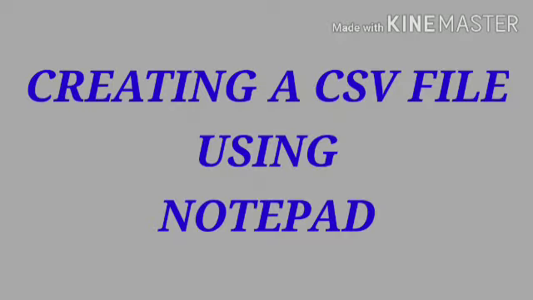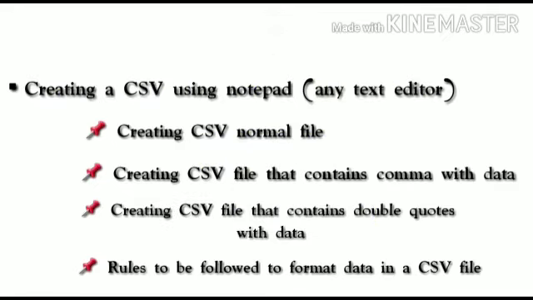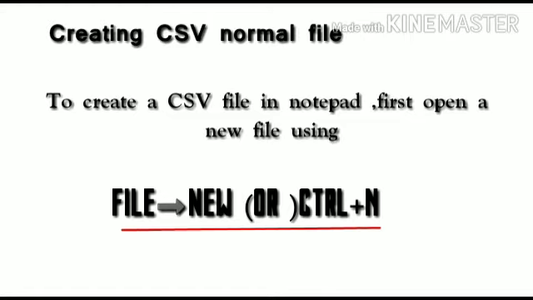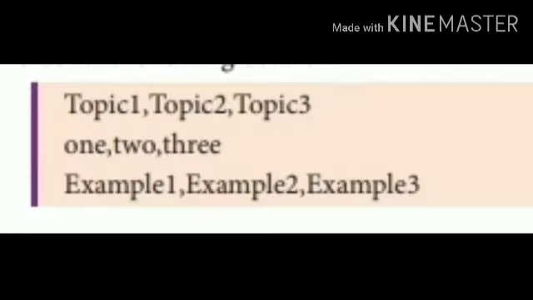The next concept is creating a CSV file using Notepad. First, open the text editor Notepad, then select the File menu and click the New option from the File menu, or use the shortcut key Ctrl+N. Then type the following details such as topic 1, topic 2, topic 3 and so on.